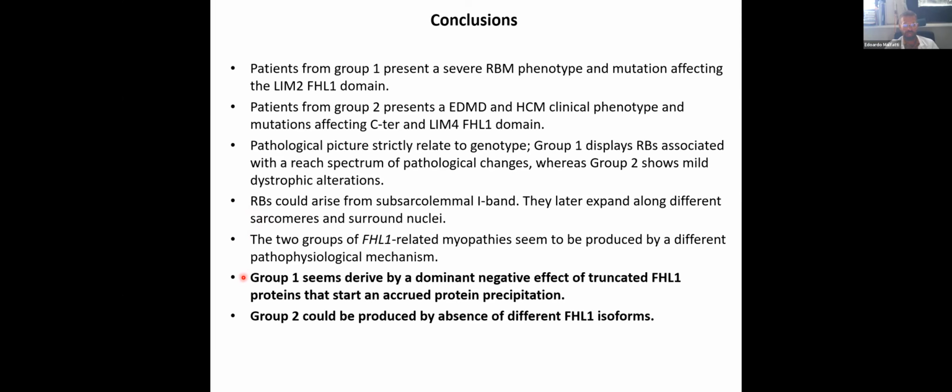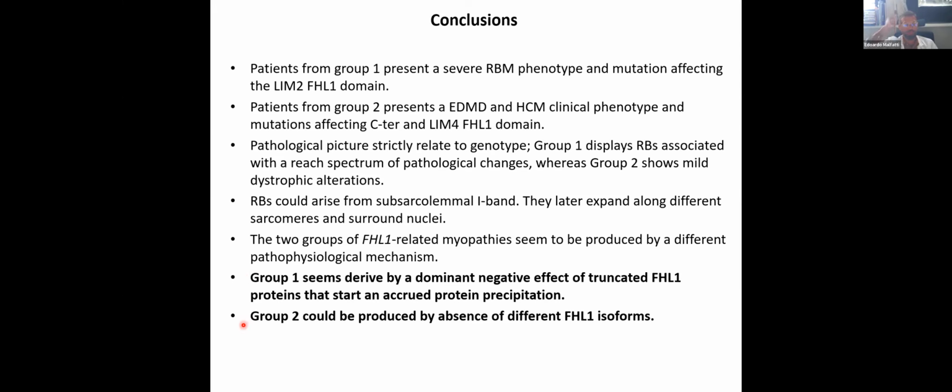And the analysis of the consequences of the variants shows that in the first group we seem to have a dominant negative effect of this truncated FHL1 protein that starts an increasing protein precipitation, where we can see that desmin and the other myofibrillar proteins were more localized at the periphery of the reducing body, which seems to be composed of altered FHL1 protein.